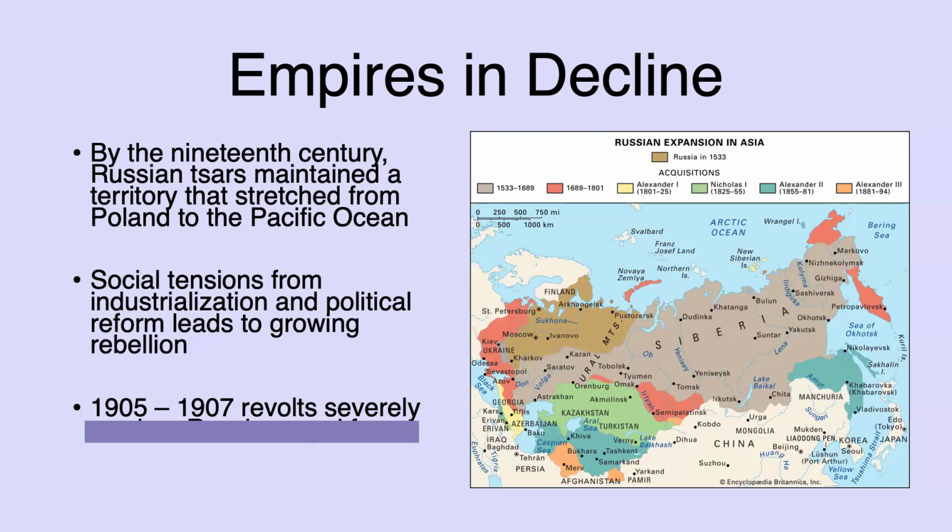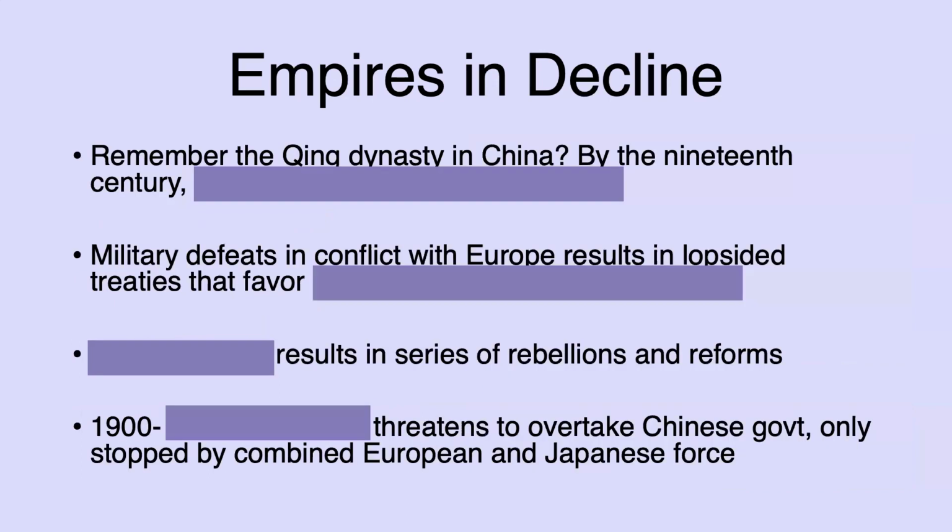So in 1905 to 1907, there are a number of revolts that severely weaken the Russian royal family. So this acts as the beginning of the end of the Russian czars, and will result in the Russian Revolution in just a few short years. And we'll get back to that in a second.